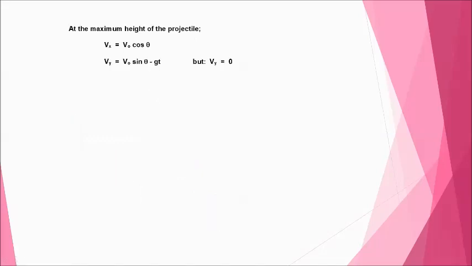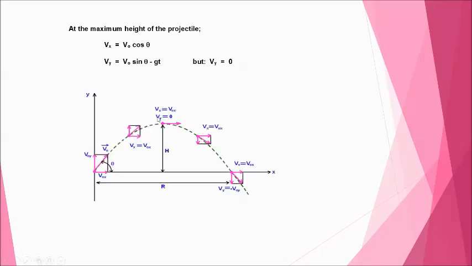And then at the maximum height, what would be the x component? Saan yung maximum height? Here, at this point here. So still, the x component or the horizontal aspect is still V sub O cosine theta. Kasi ito yan eh, buong yan eh. Kung ito yung buo, di ba? From here to here, yan yung buong horizontal aspect.